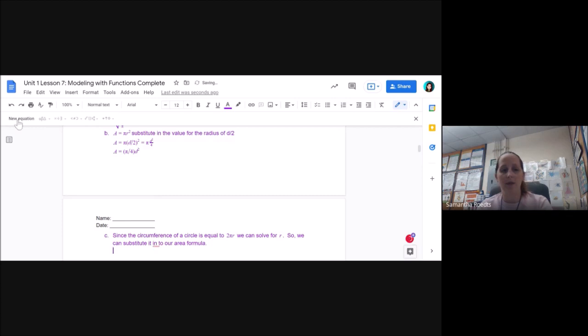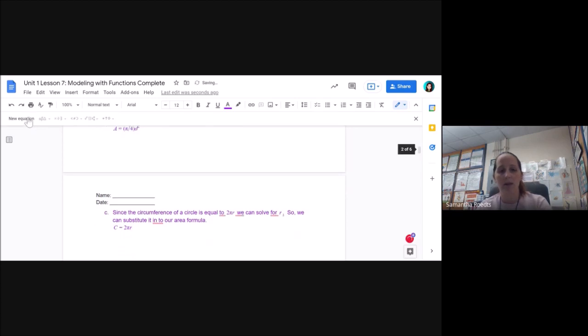So that gives us C equals 2 pi r, which is going to give us C divided by 2 pi equals r, and then we substitute that into our area formula. So area equals pi r squared. So that's going to equal pi times c over 2 pi. So one of those pi's is going to cancel, so we're left with c over pi.